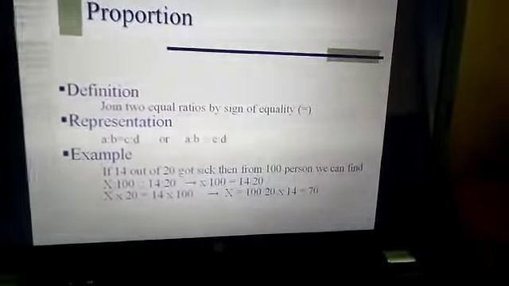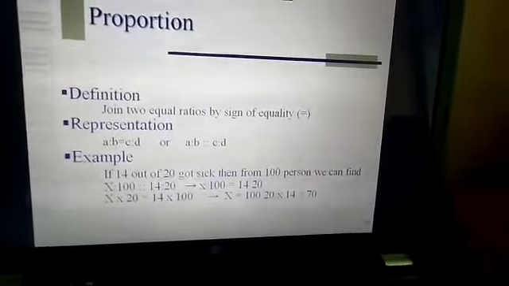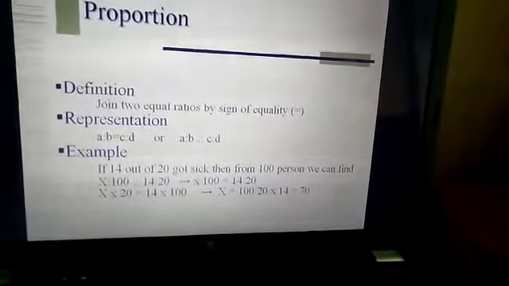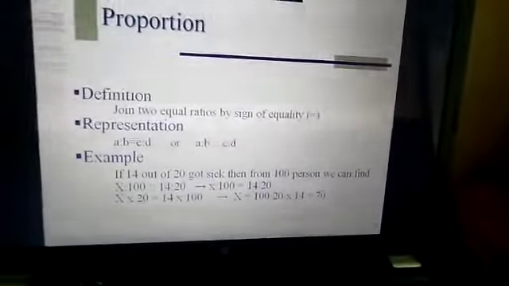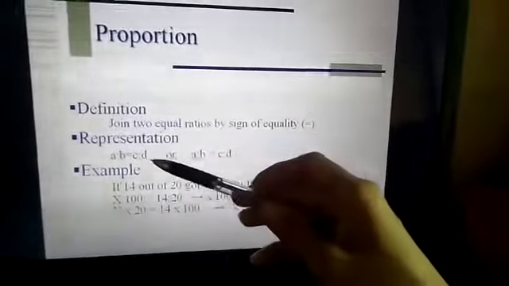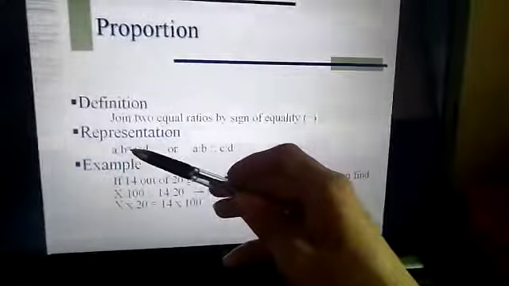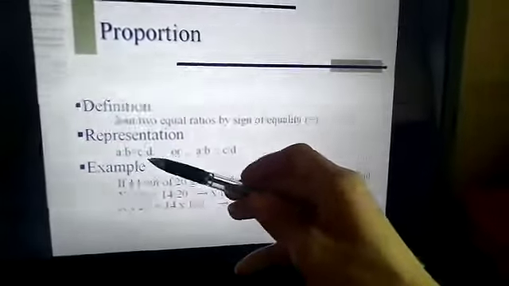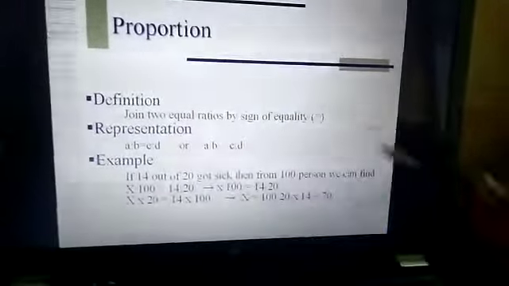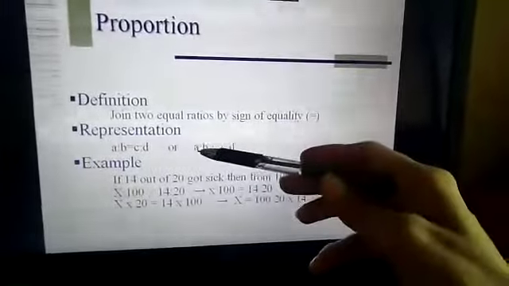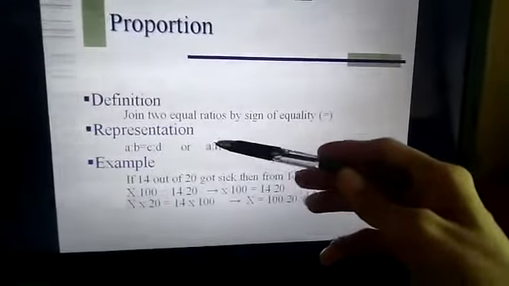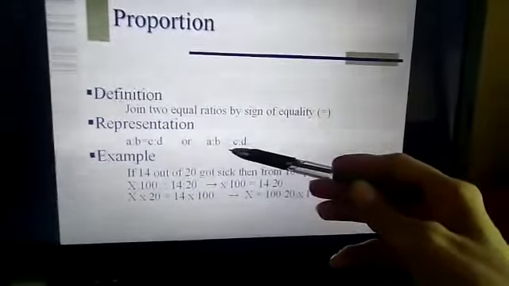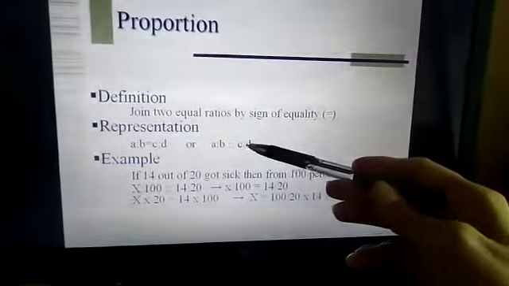For example, one ratio is A:B and the second ratio is C:D, and the sign of equality between both ratios shows proportion, or we can represent this as A:B proportionality sign C:D.